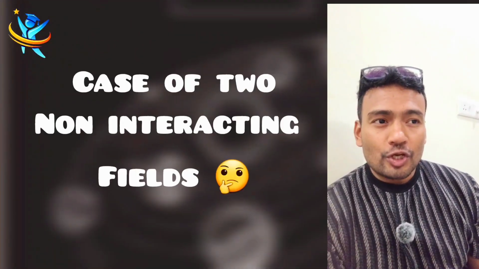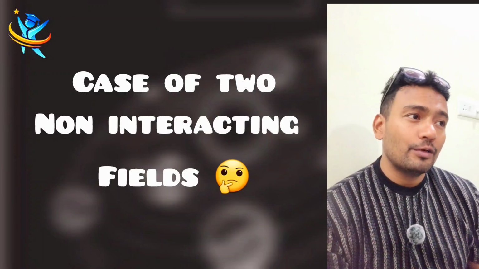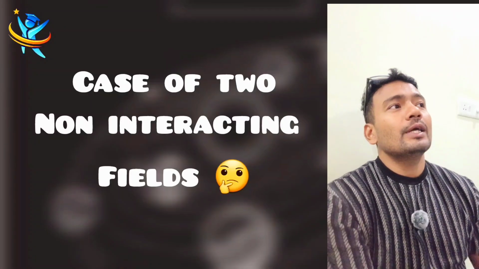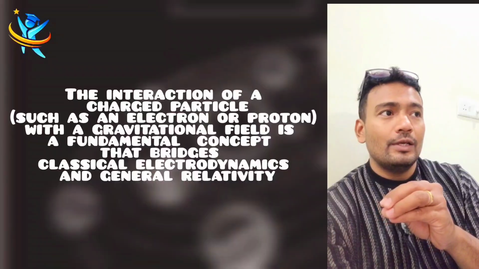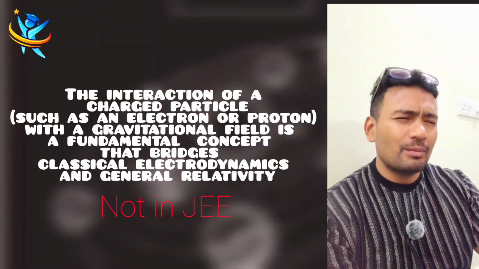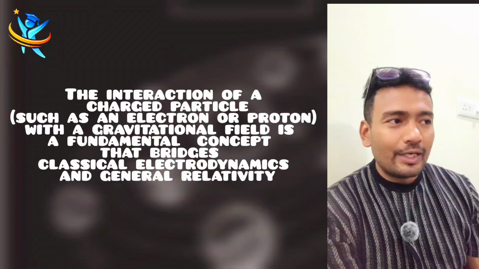Next example, take a charged particle and it is existing in a gravitational field of another body. अब आपने charged particle लिया है तो massless तो नहीं ले सकता particle में. But just imagine this situation: charged particle has electric field and it is present in the gravitational field of a bigger body or some other body. अब ये दोनों फील्ड में तो कोई इंट्रैक्शन नहीं है, right?